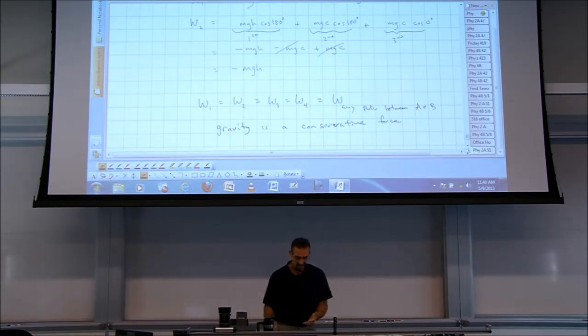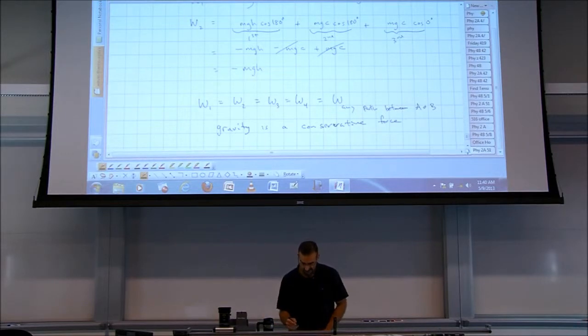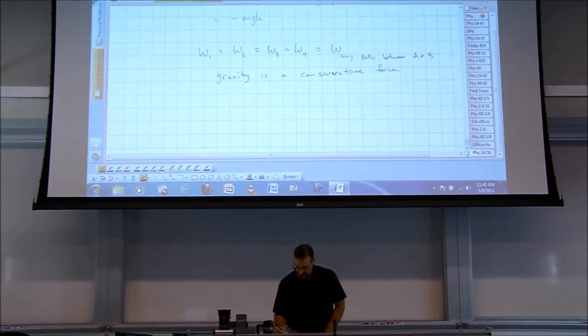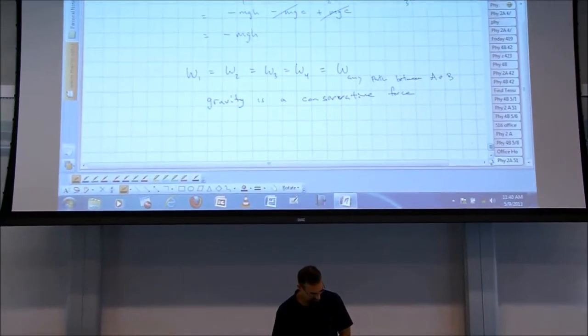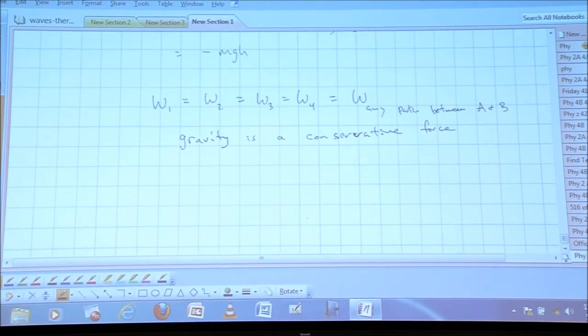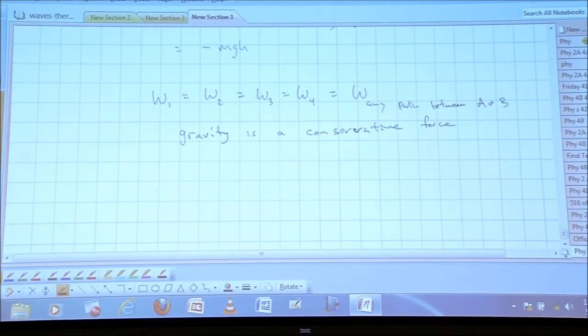So let's figure out what the work is by gravity. In this case, we know it, right? It's mgh. The work done by gravity is mgh. And so let's say that that is going to equal, we always say the change in potential energy. Instead of using work, we're going to come up with another term that only depends on the endpoints, only depends on position.